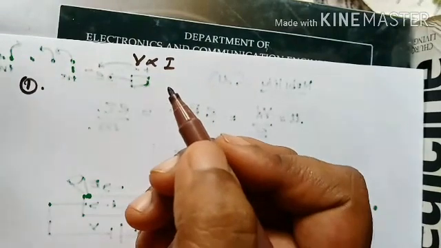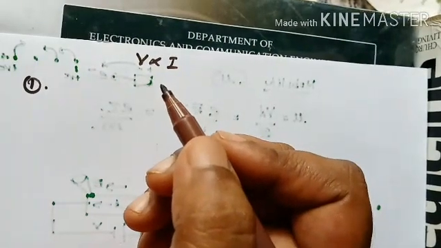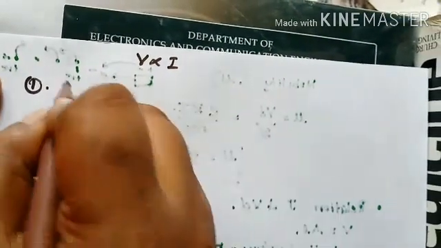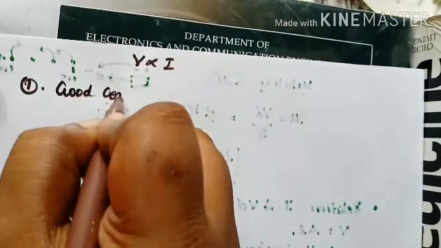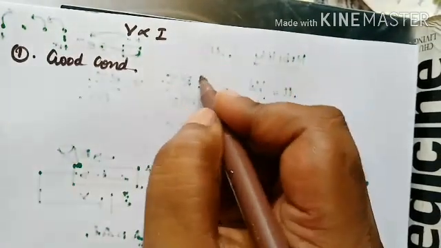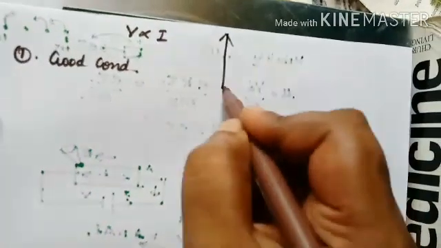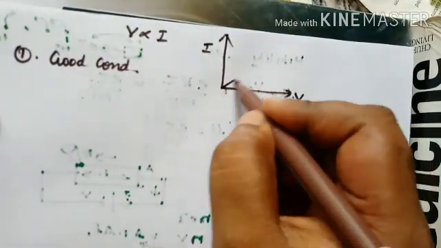The first type of material we are going to consider is a very good conductor. In the case of a very good conductor, Ohm's law is not strictly followed, right? For Ohm's law, what is the graph? If this is V and this is I, the graph is supposed to be like this.